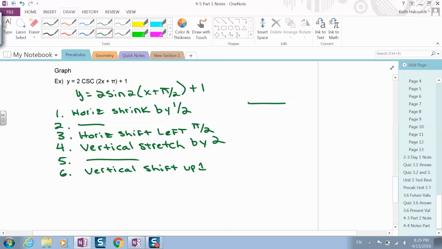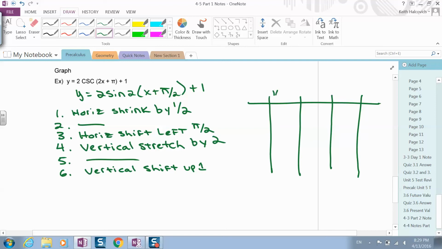So when we make our chart, we have 1/2 x, we have x minus pi over 2, we have 2y, and we have y plus 1.